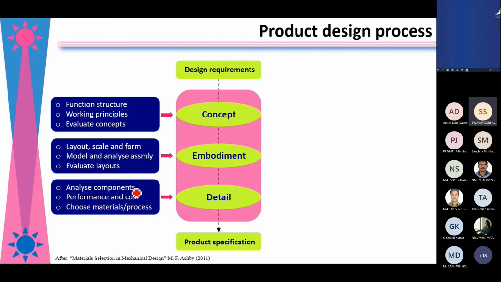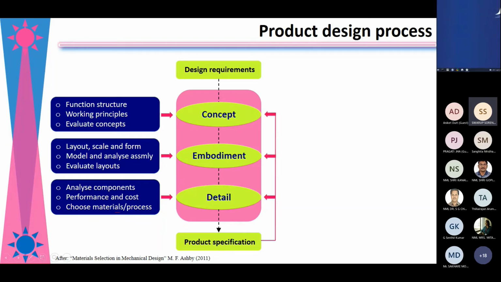And after that, once you know the embodiment of the product, then you start analyzing it. Then in detail, you choose a material and process based on the embodied structures, layouts, assemblies, and all those things. And finally, you get the product specification.